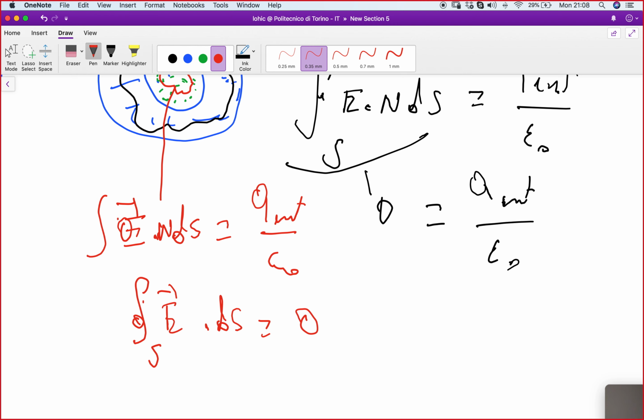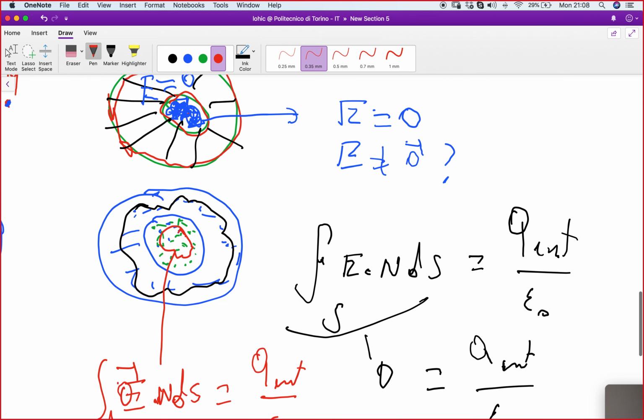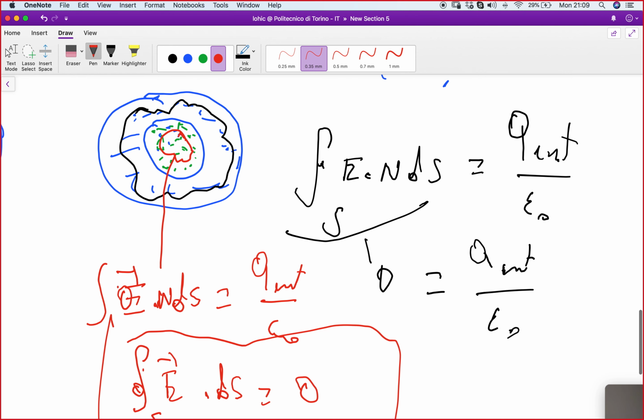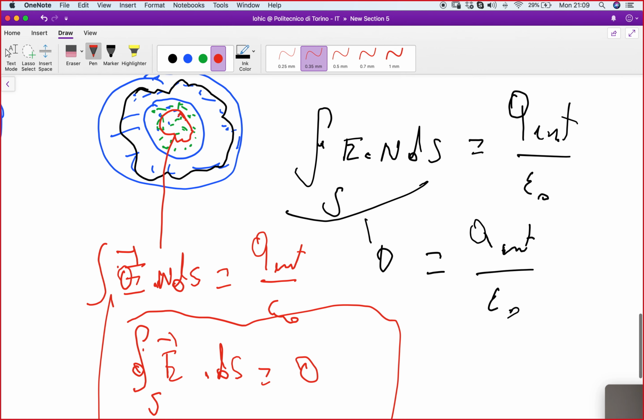Is that clear? Doubts? So this is what we can say about the property of the field in this zone. This does not prove that the field is 0, but it proves anyway that the flux of this field through any closed surface should be equal to 0.